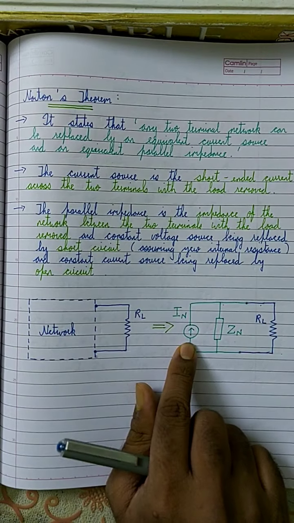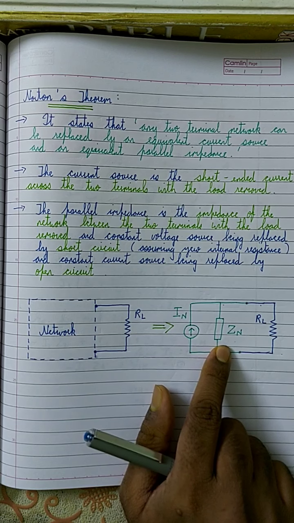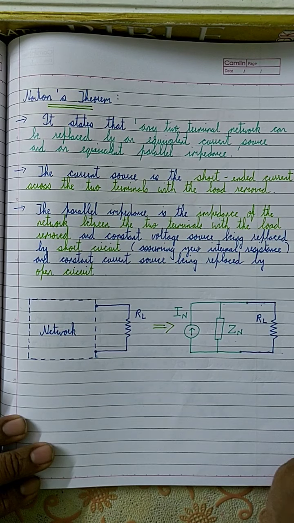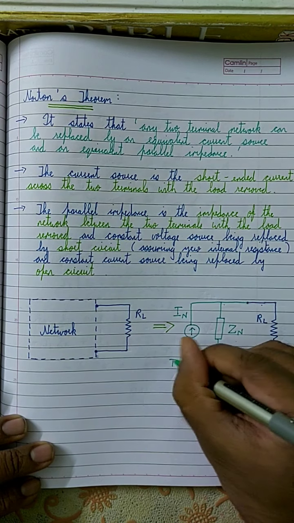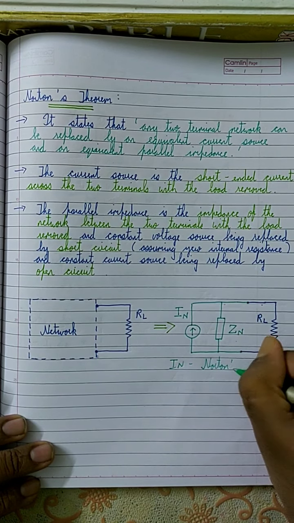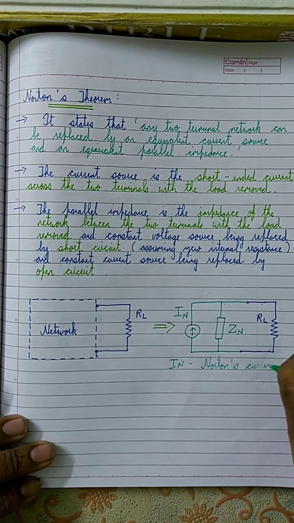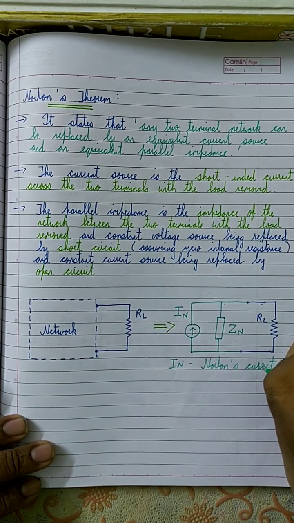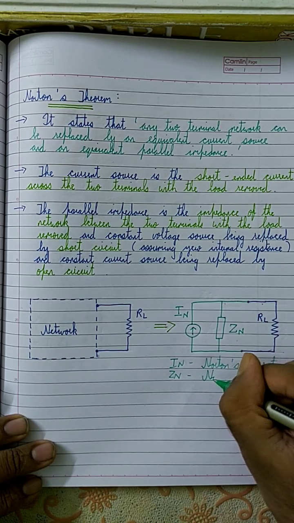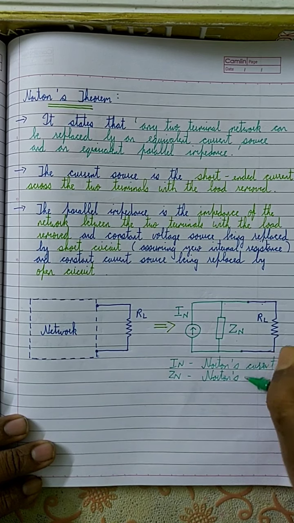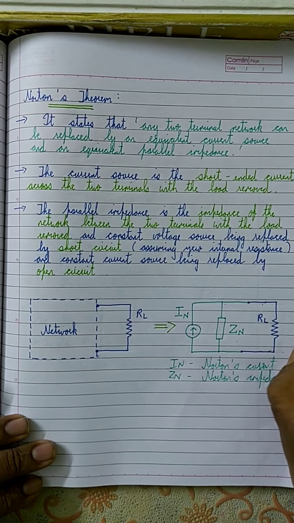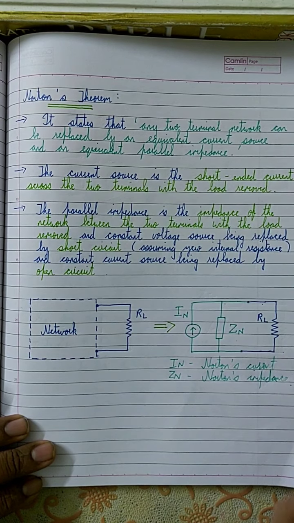Like that, over here we have a current source with a parallel impedance. That's the only difference. This IN is what we call the Norton's current, and Zn is called the Norton's impedance.